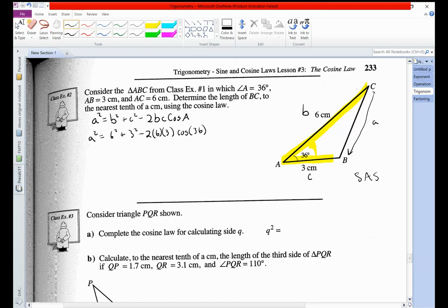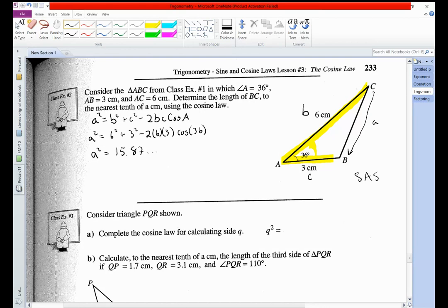So you can actually just type all of this into your calculator. Or if you'd like, you can solve it, right? 6 squared is 36 plus 3 squared is 9, and then do all the rest of it. But you end up with 15.87, and so on and so forth.